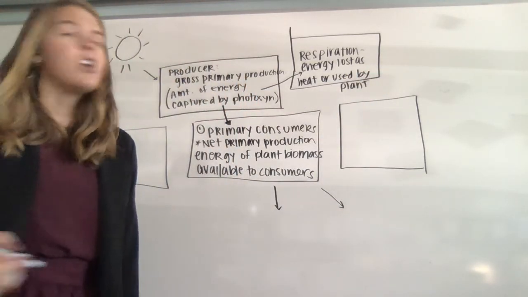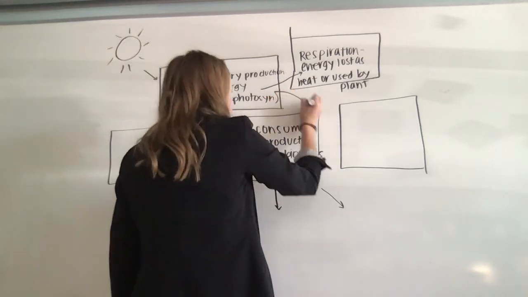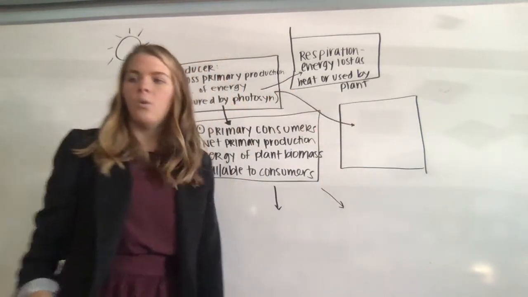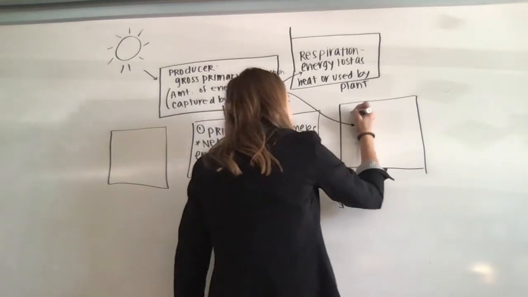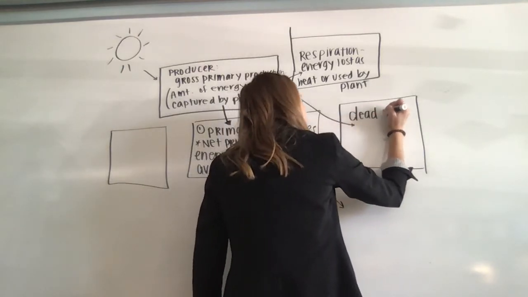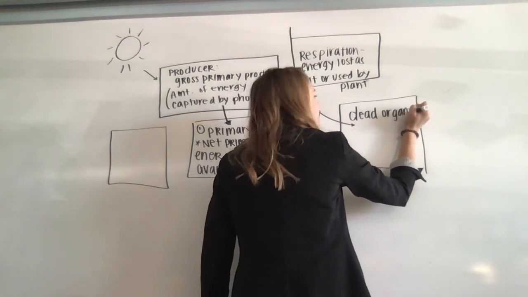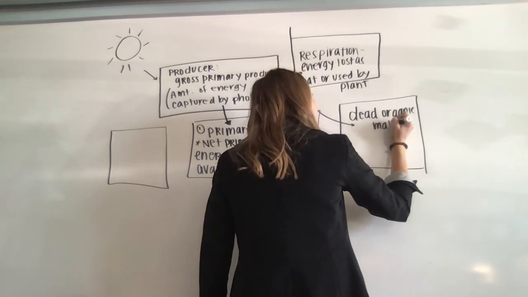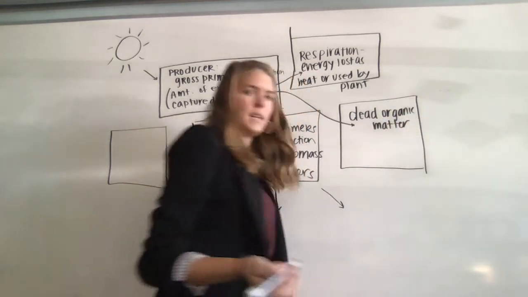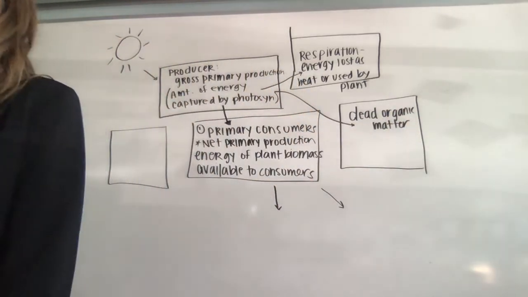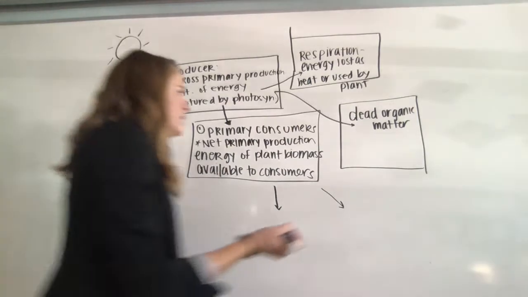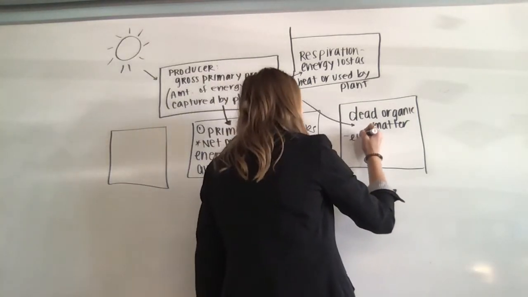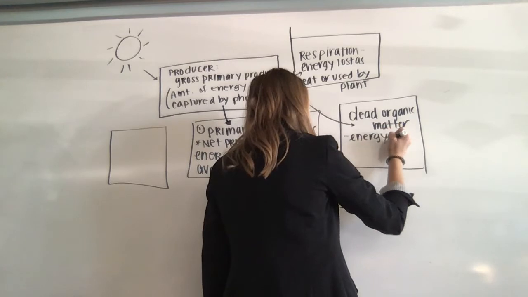However, energy can also be lost or reduced by the plant through dead organic matter. And dead organic matter is just energy available to decomposers.